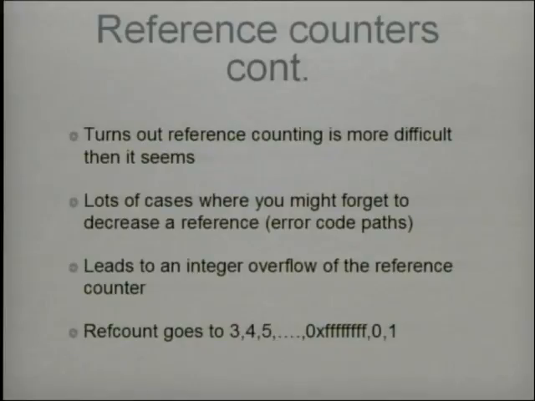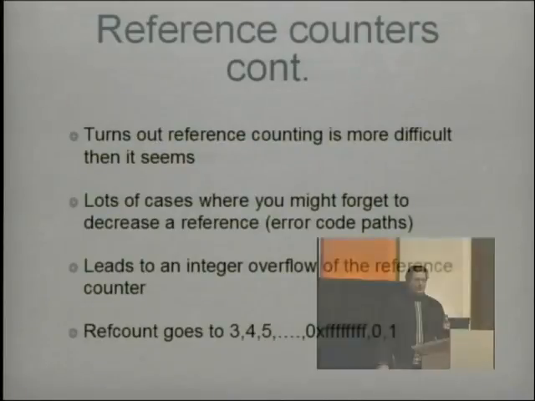Turns out it's actually not, because for every case where you use an object, you have to do 2 calls, which is increase the reference counter and decrease it. And in specific error cases, it's really difficult to keep these things balanced. Apparently it's difficult because everybody keeps making these mistakes.